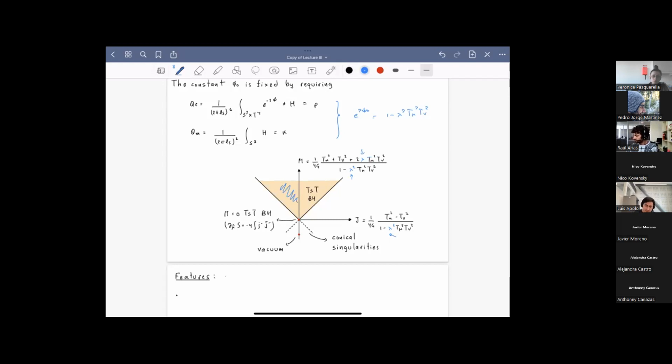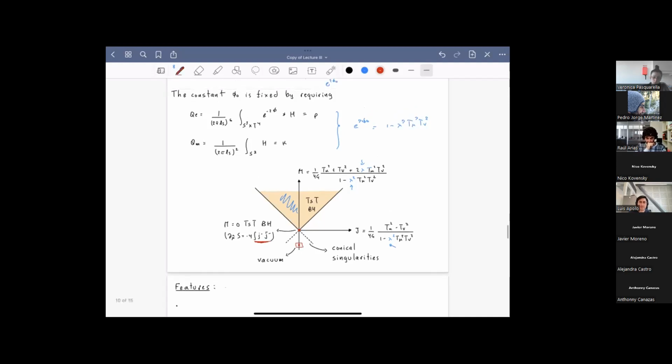Down here in red, where the mass and angular momentum are 0, you find the massless version of the TsT black hole, which is what you would obtain if you carried out the J bar minus deformation that we were discussing before. The vacuum, or the ground state, of this space of solutions sits somewhere down here and is obtained by analytic continuation of the solutions that I showed you before. We'll discuss this soon enough.